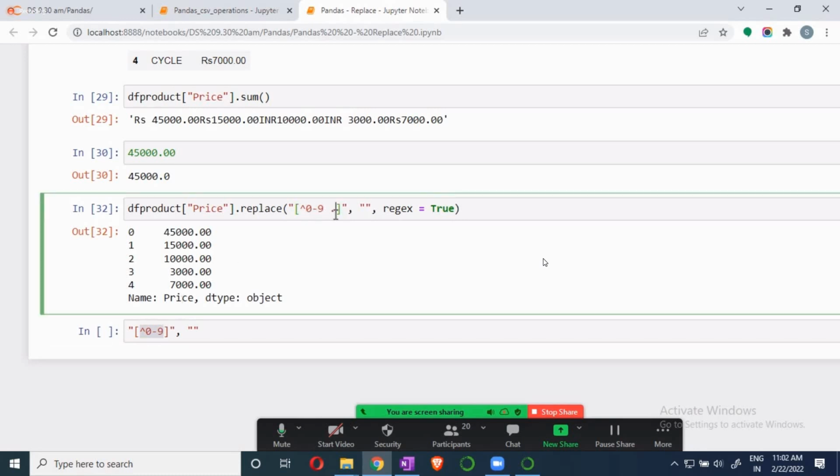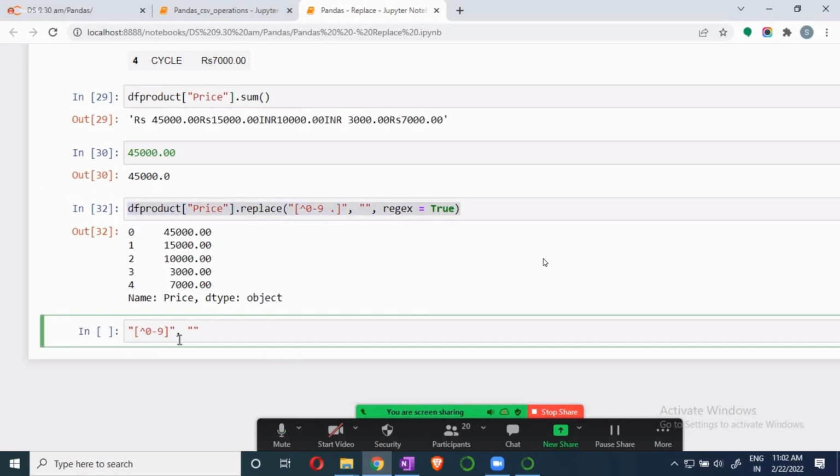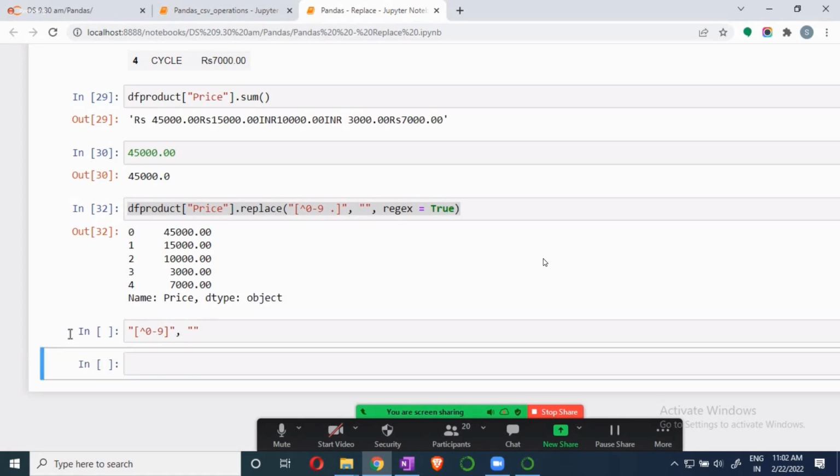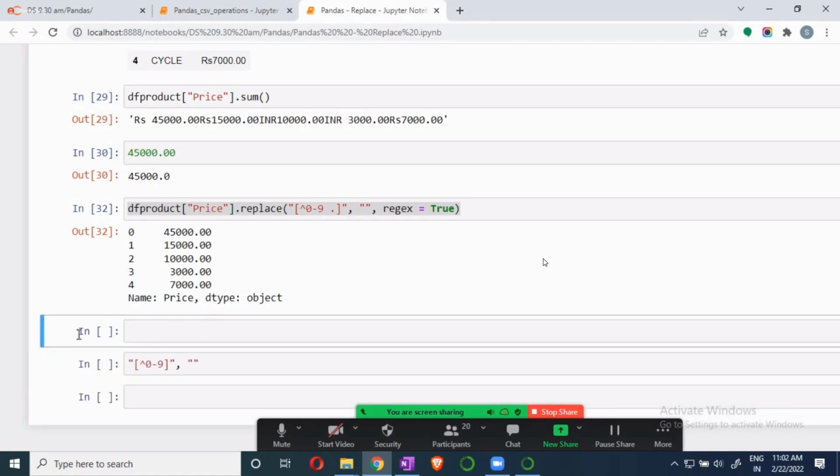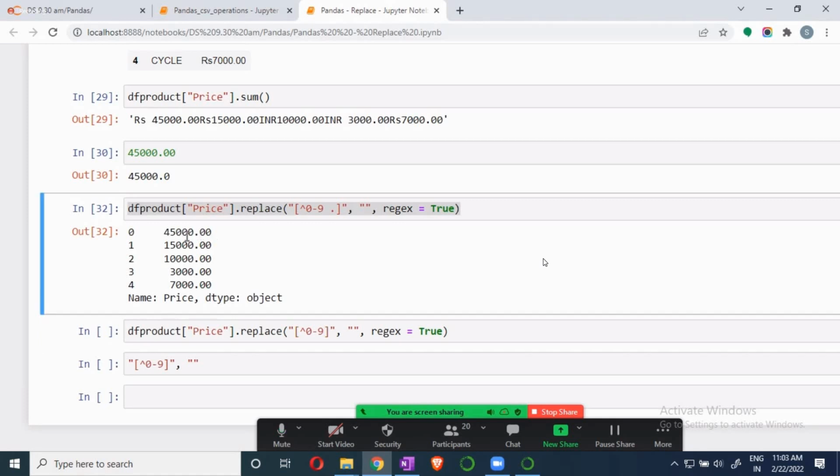Why am I giving this? Just see, if I'm not giving this one, see what will happen. If I'm not giving the dot, this dot will be removed. Then 45,000 will become 4,50,000.